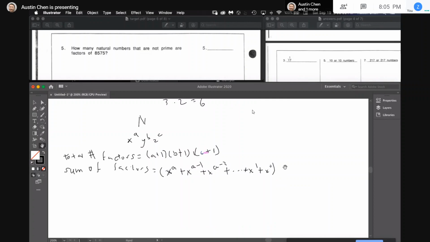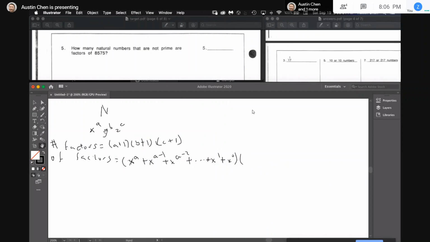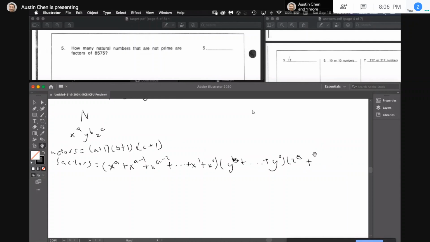And then you do that with the other things as well. It's going to be the same thing for y and z. So y to the b plus dot dot dot plus y to the 0th, and z to the c plus z to the c minus 1 plus dot dot dot plus z to the 0th.